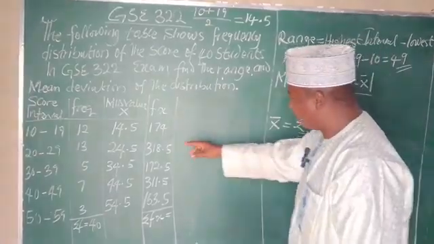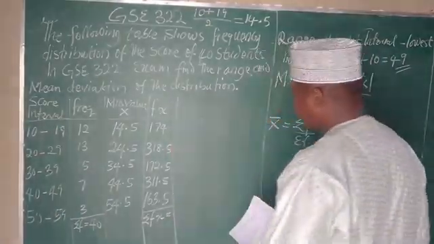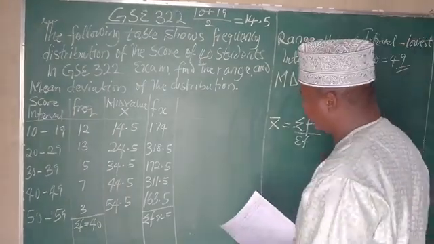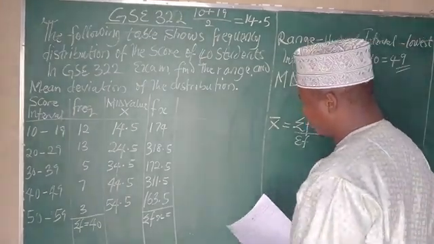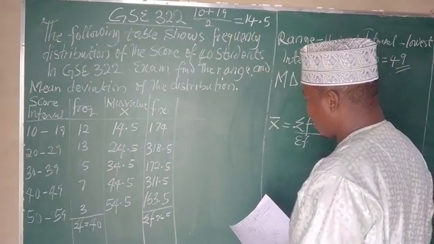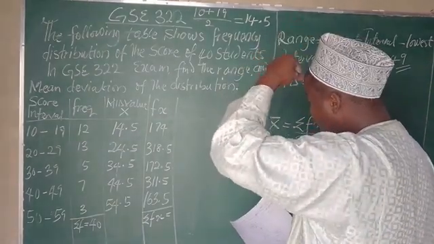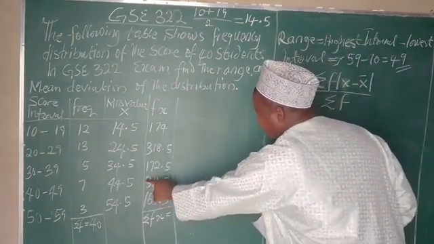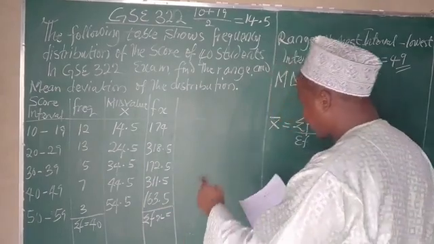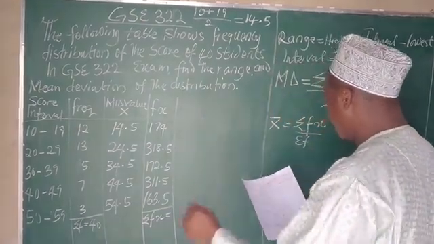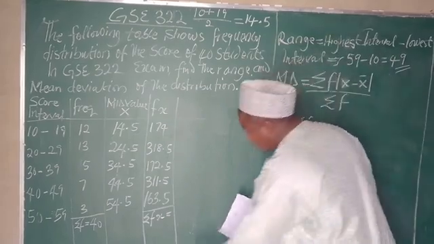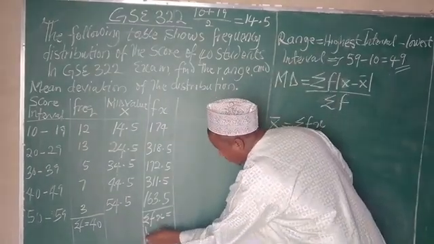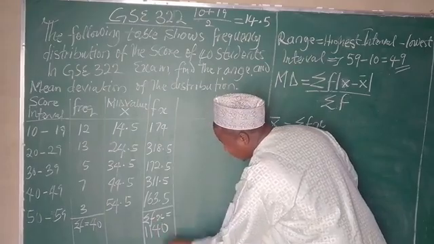When we sum all this, 174, 318.5, 172.5, 311.5, 163.5, the summation of all this is going to give us 1,140.